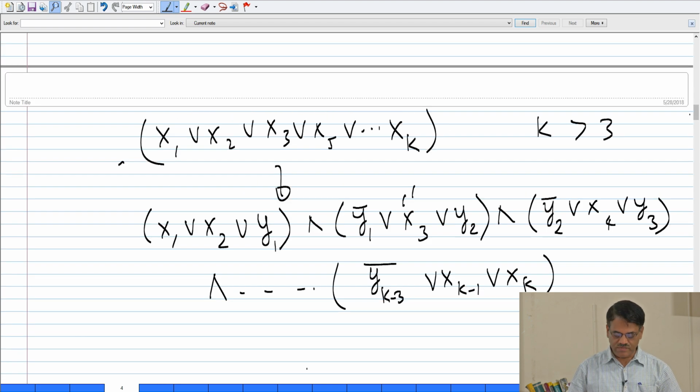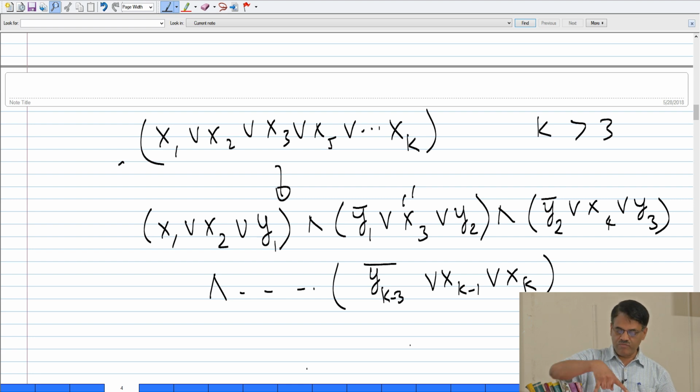Since y1 is true and x3 is false, y2 is forced to 1, right. If you follow through, all the yi's will be forced to 1, which means that this is also not satisfied. So, the only way you can satisfy all these clauses is if some xi is 1.